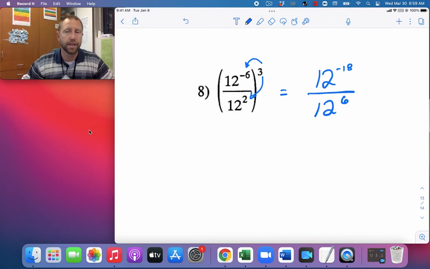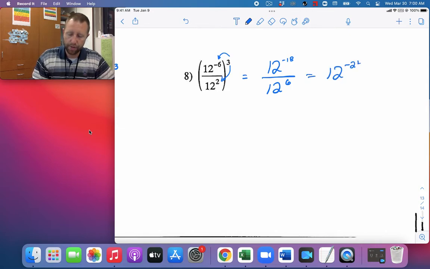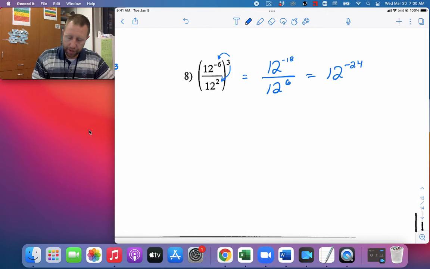My quotient rule says I can subtract those exponents when I'm dividing numbers with the same base. Negative 18 minus 6 is actually more negative, right? Negative 18 minus 6 gives me negative 24. Now to make that positive, I just have to put it on the other side of the fraction bar. So it's 1 over 12 to the 24th power.